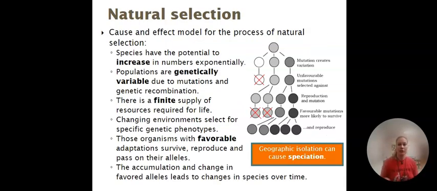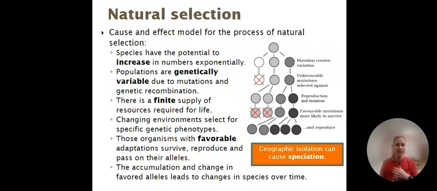And then we have natural selection, Darwin's theory of evolution by natural selection. Natural selection is often termed survival of the fittest. You have a lot of variation within a population, genetic variation, but also phenotype, what you physically look like.